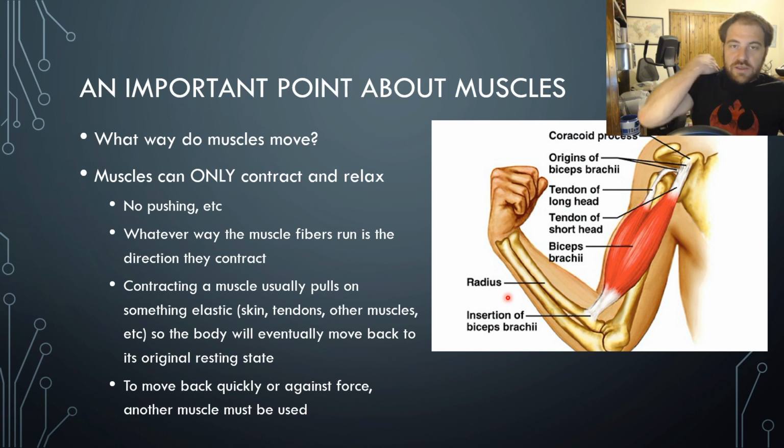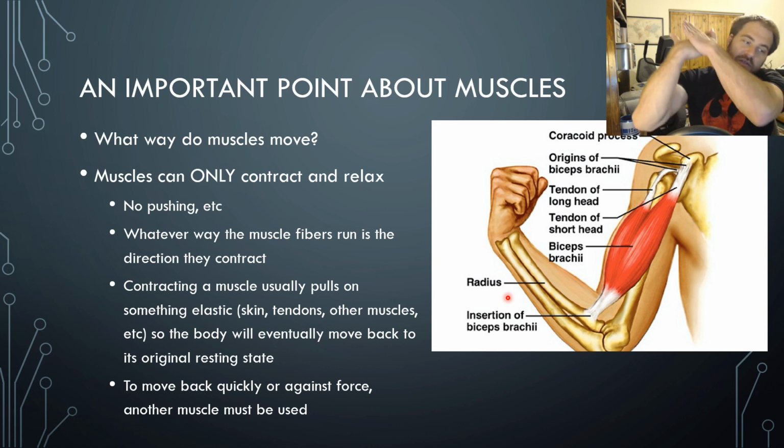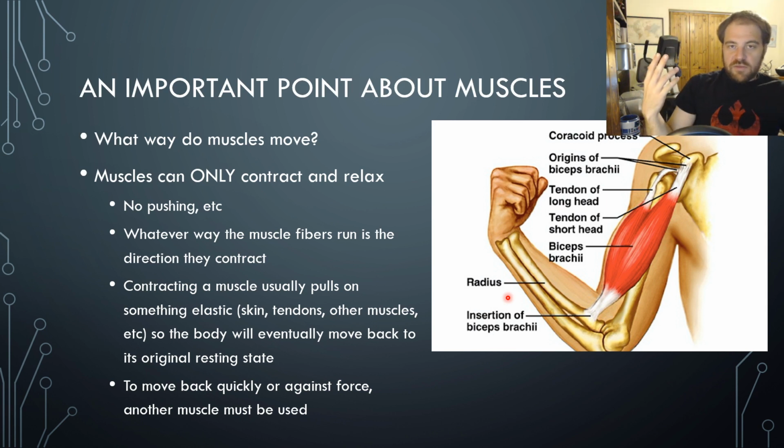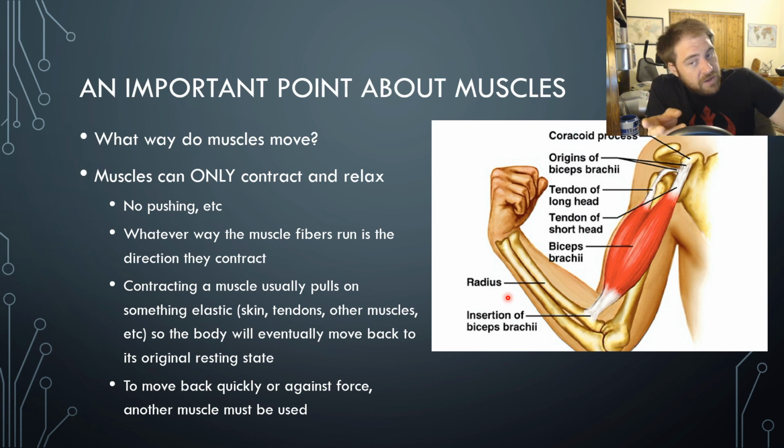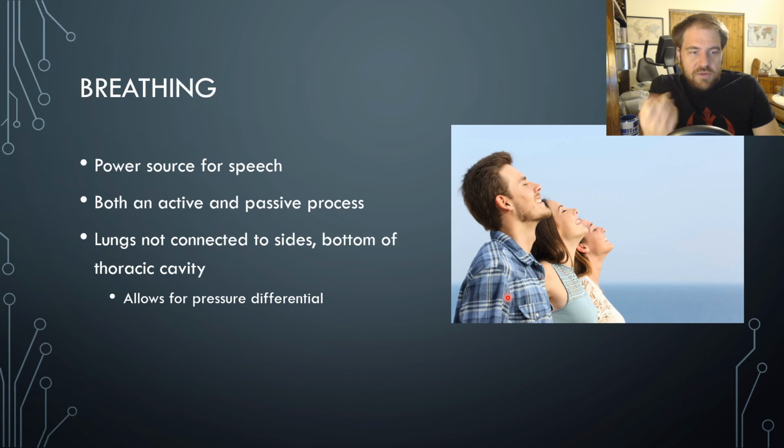To move back quickly, so to go from here out like that, or against force, like if I'm pushing down, then the other muscles must be used. But usually to return to equilibrium, you've just got these elastic forces. That's going to be really important for the diaphragm. It's important for all muscles, but it's really important for the diaphragm, which we'll talk about very soon.